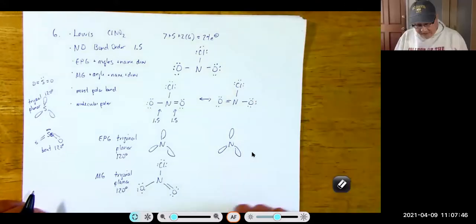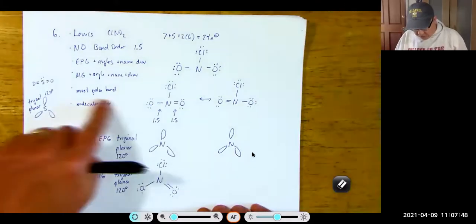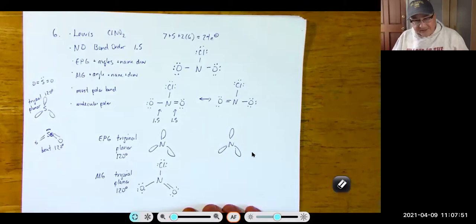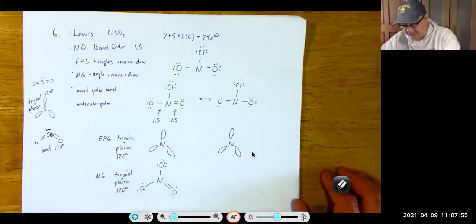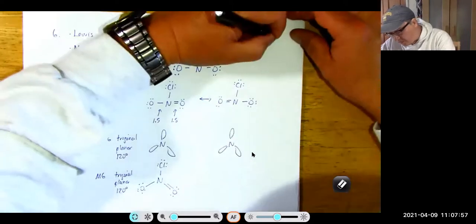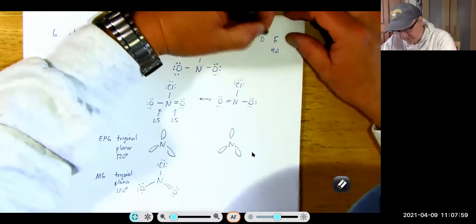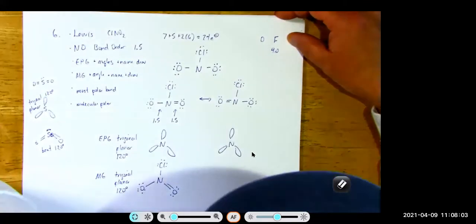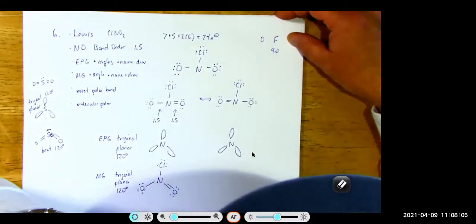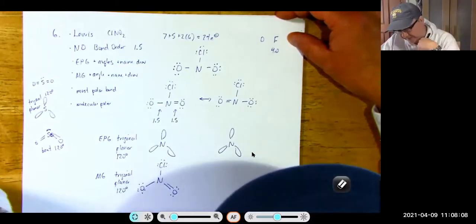Correct. Okay, so here, which is the most polar bond? To decide which is the most polar bond, you look at electronegativities. So here's fluorine, 4.0. What's oxygen? You mean between those three, right? Yeah, so what's oxygen for electronegativity?